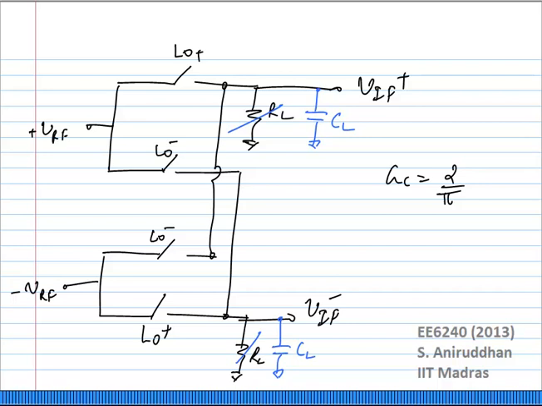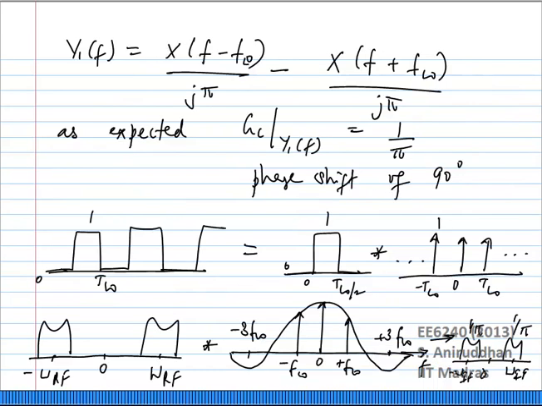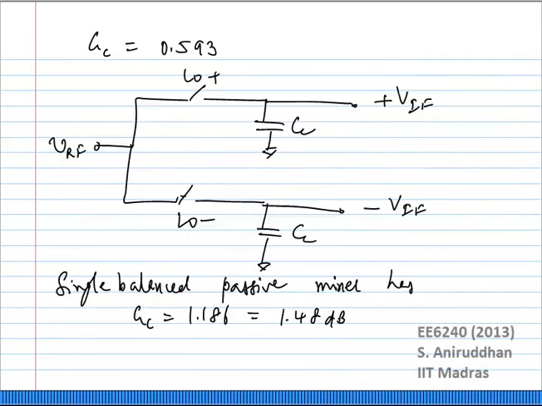So there is a slight difference between this case and the previous single balance mixer case. The difference is that whether it's a resistor or the capacitor, but let's look at the resistor case. The difference between this double balance mixer and the single balance mixer is that in the case of the single balance resistive mixer or the capacitive mixer, let's look at this guy also.